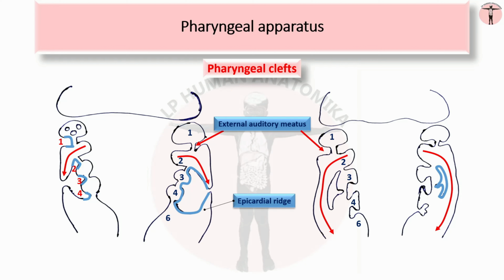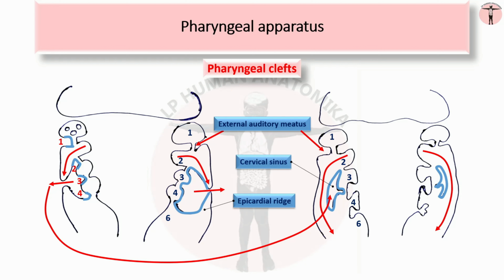The 2nd, 3rd and 4th clefts in the beginning are open to the outside, but later, as the development proceeds, they lose contact with the outside and form a cavity lined with ectodermal epithelium, which is called the cervical sinus. The cervical sinus is usually obliterated with the development of the neck.